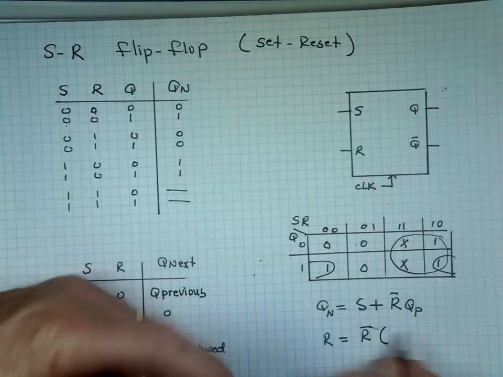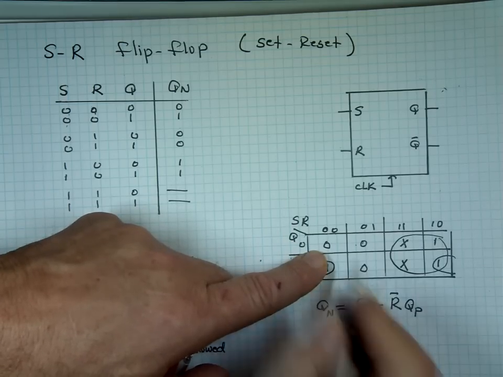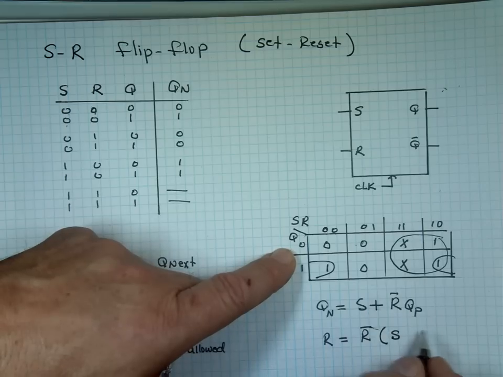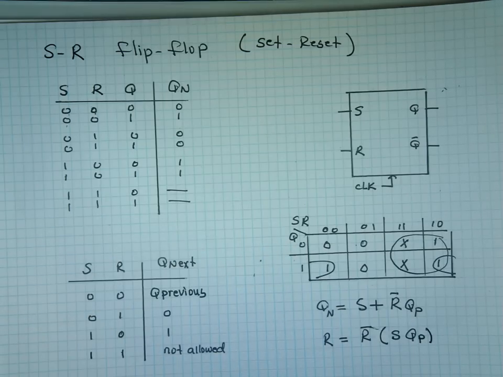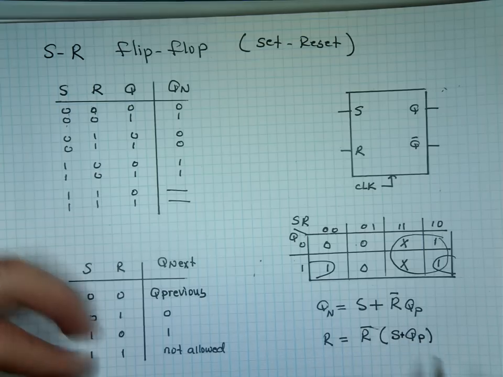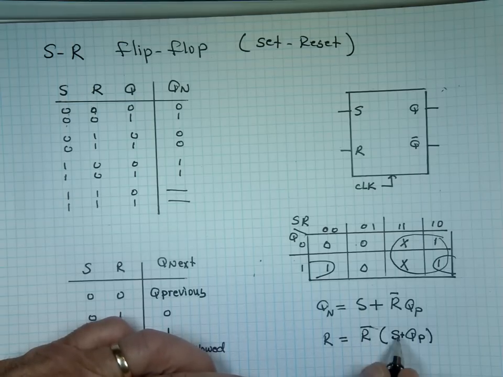S is 0, that's good. And this is what? Q previous. S plus. So this is R bar S plus R bar SQ if you want to.